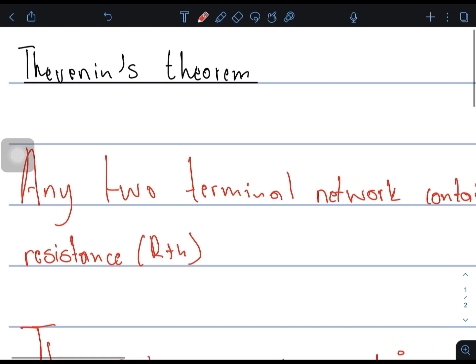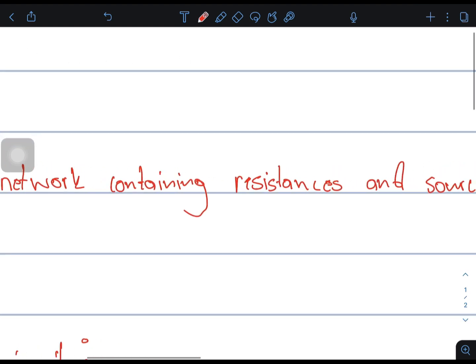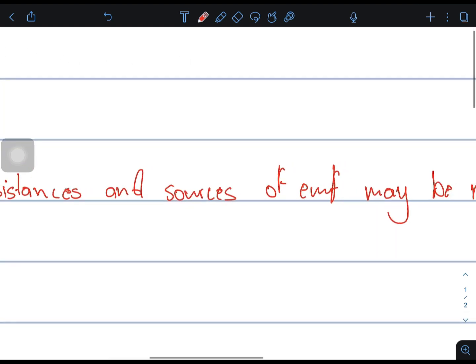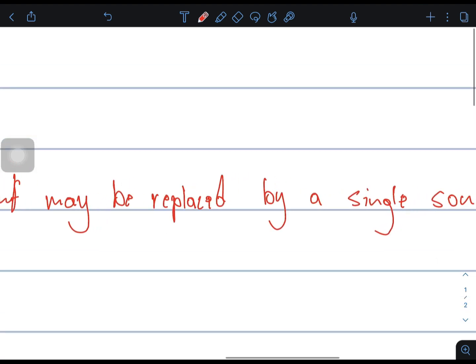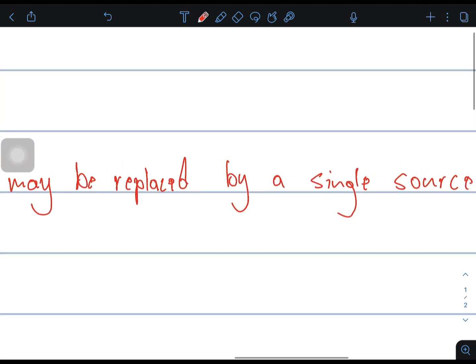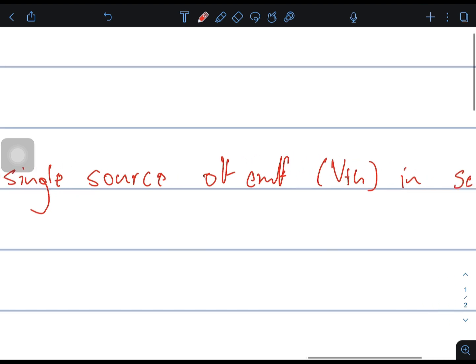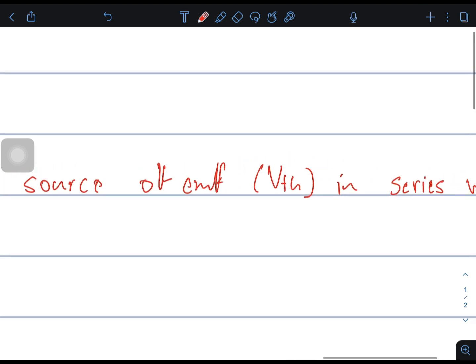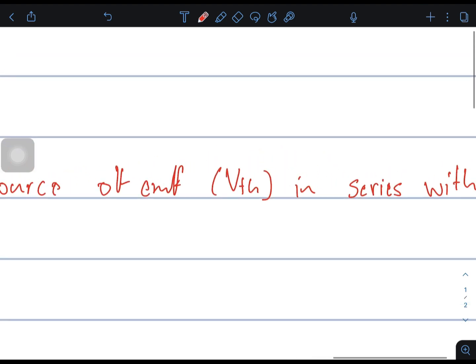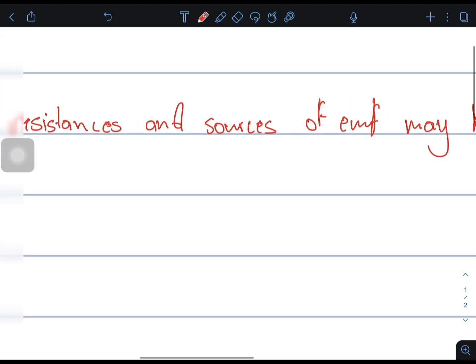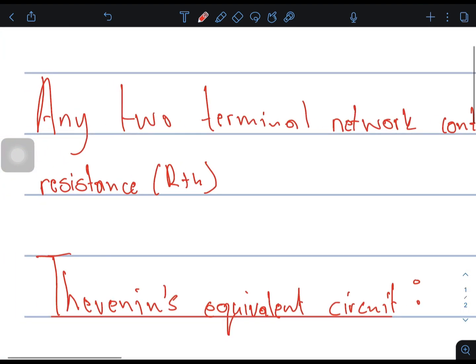Any two terminal network containing resistances and sources of EMF may be replaced by a single source of EMF V Thevenin in series with a single resistance R Thevenin.